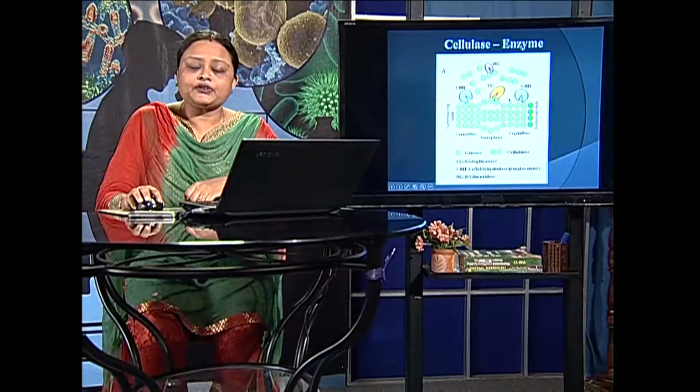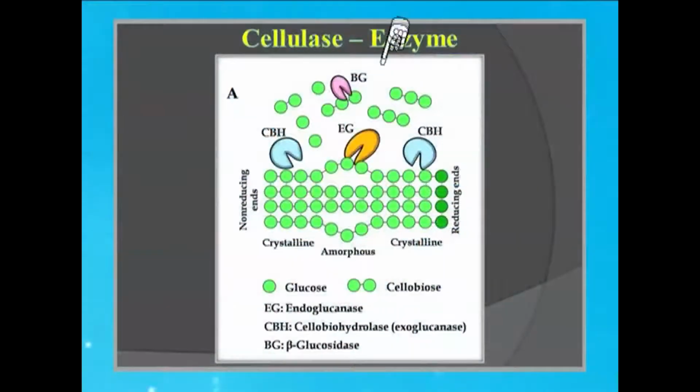If we look into this diagram, we will see these endoglucanases are acting on the internal positions of the polymer, while the exoglucanases are acting on the outer sides. And these beta-glucosidases are then cleaving off the free molecules of these simpler chains into free glucose units.